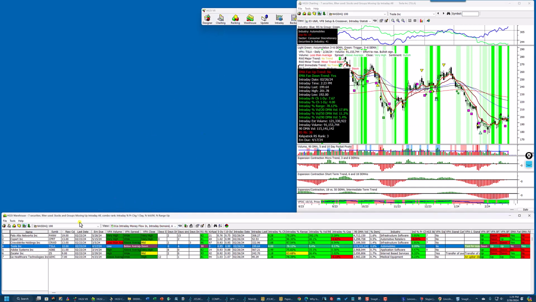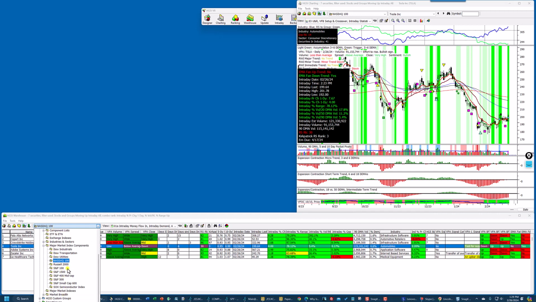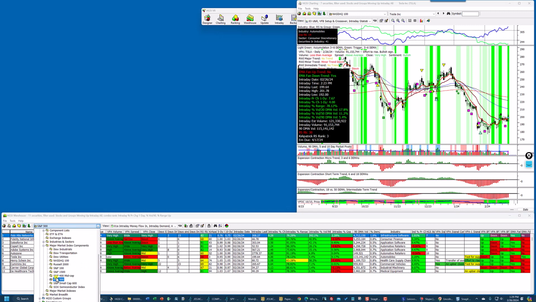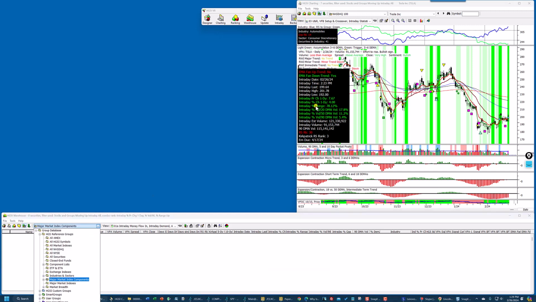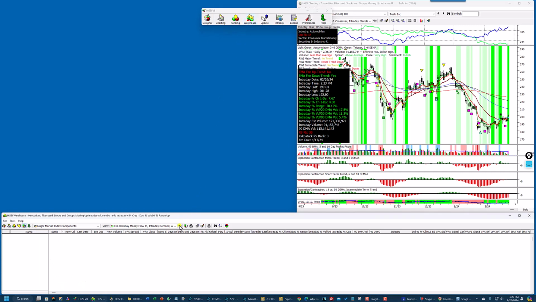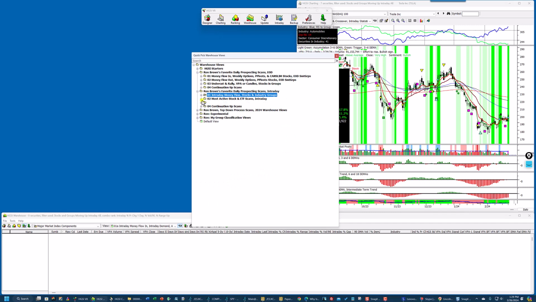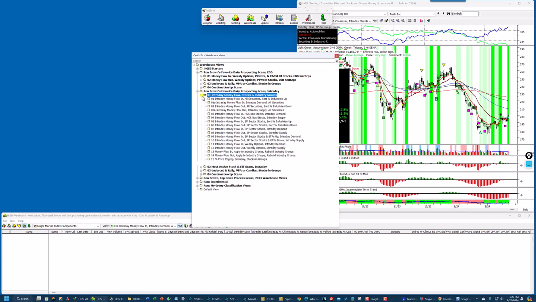Okay, those are just a couple things, but I suggest that if you don't want to look at the whole universe, come down here and just go into the component stocks, or you can go into sectors, industries. If a sector is on the move, I'm going to head back into the warehouse and let's look at the money flow in sectors on demand.